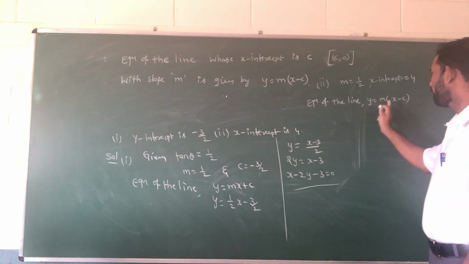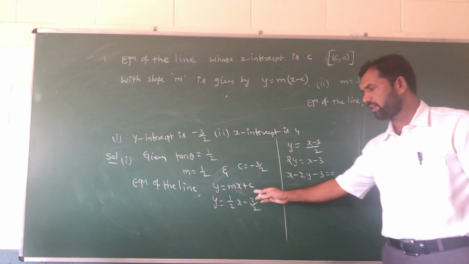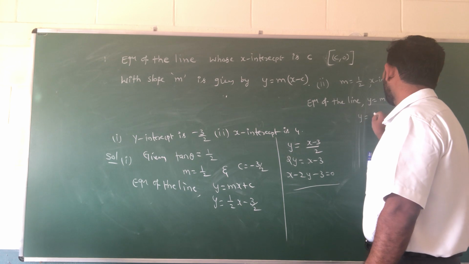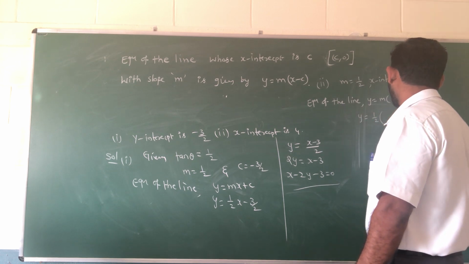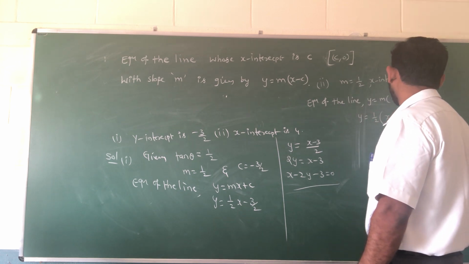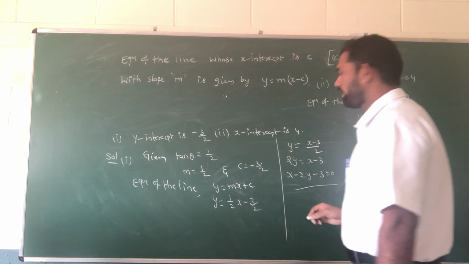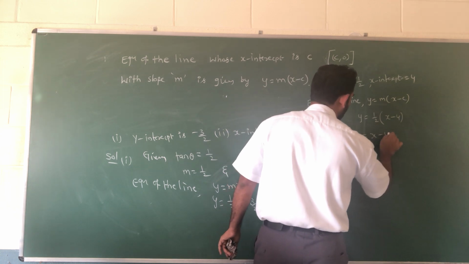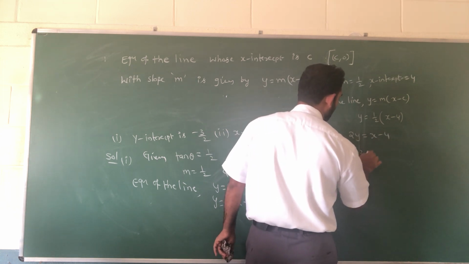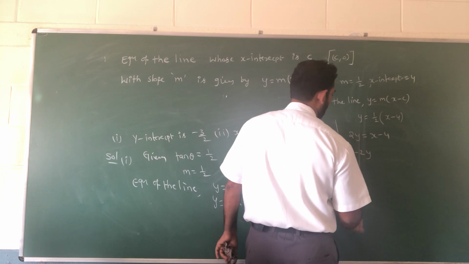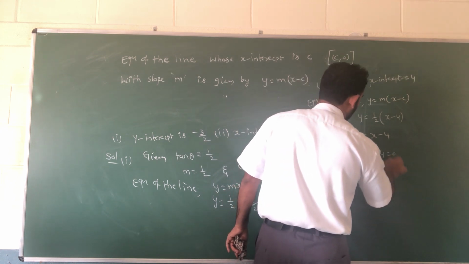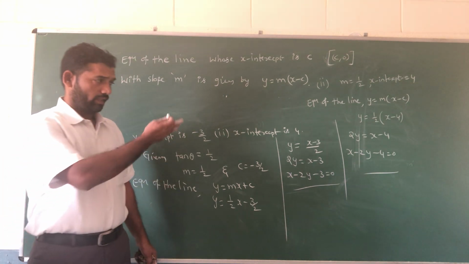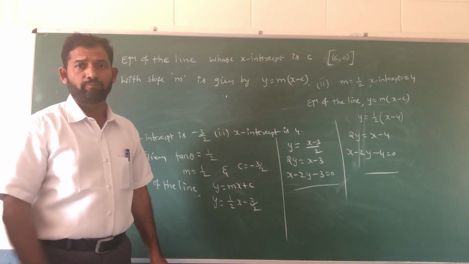When the x-intercept is given, this is your formula. When the y-intercept is given, y is equal to mx plus c is the formula. So y is equal to 1/2 of x minus 4. Then cross multiply: 2y equal to x minus 4. Then x minus 2y minus 4 equal to 0. That is the equation of the line.